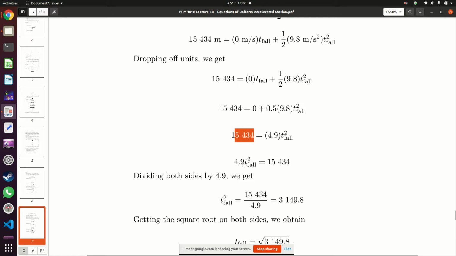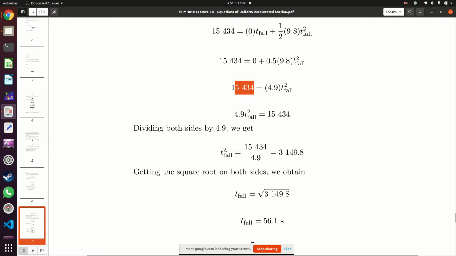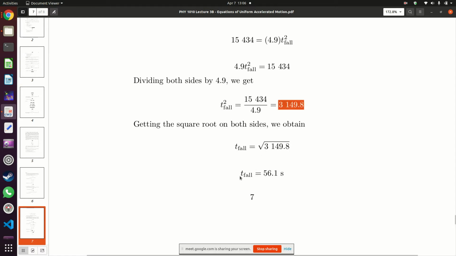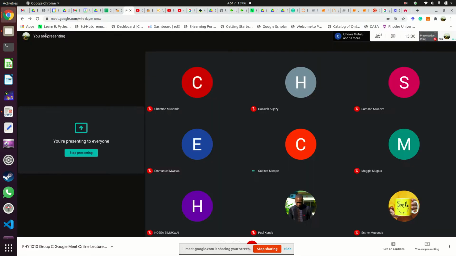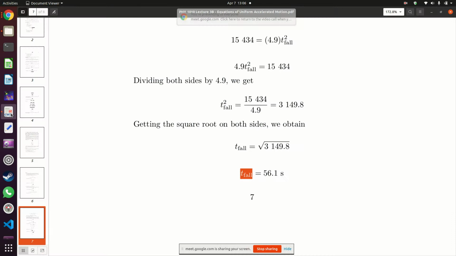You divide by 4.9 on both sides, you end up with T fall squared equals 15,434 divided by 4.9. Then you take the square root on both sides, and you end up with T fall equals 56.1 seconds. So it takes the bullet another 56.1 seconds to fall from maximum height.